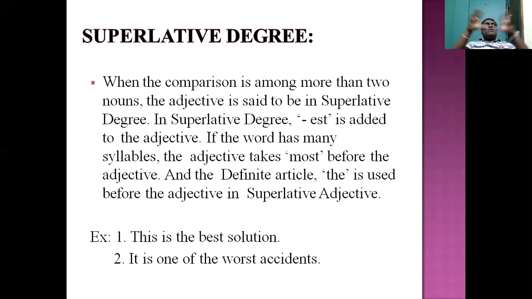Say for example, you are talking about English. English is the most interesting language. English is one of the most difficult languages for some people, one of the most difficult subjects.